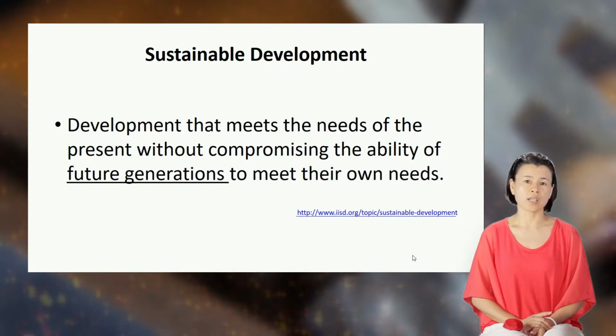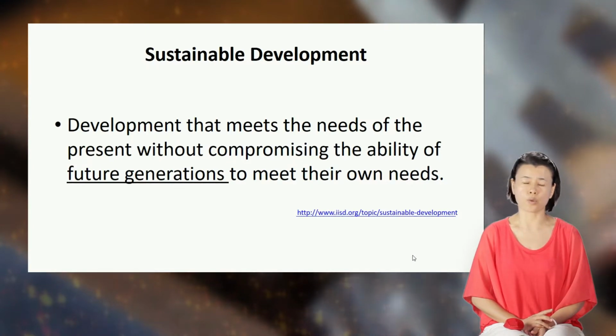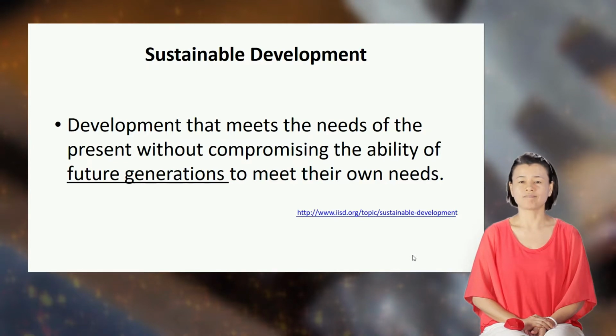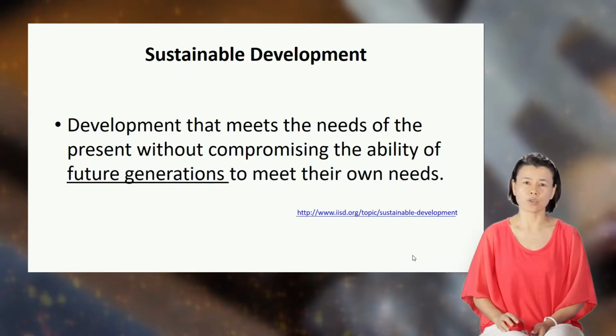No matter whether we see it or not, this planet does have a future, and please do not screw it up, even though we probably will not be able to see it ourselves. Alright, does that make sense to you?